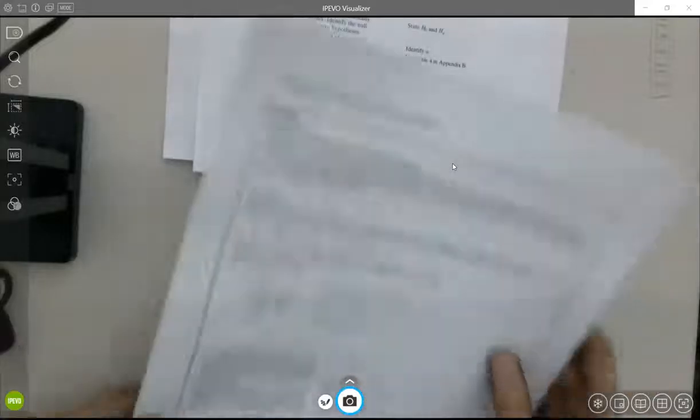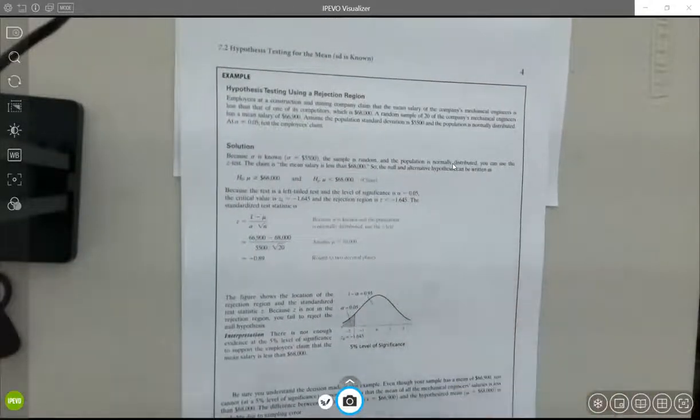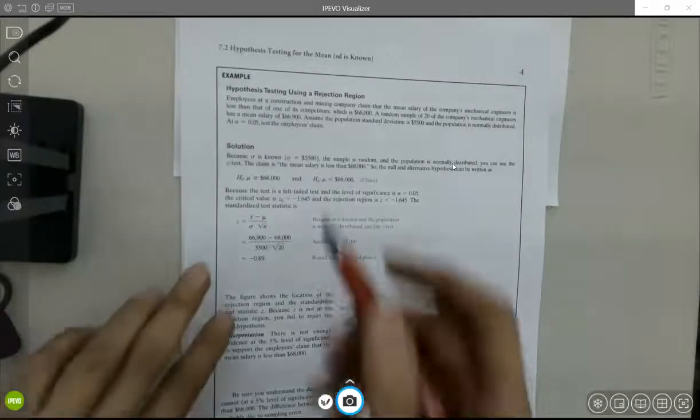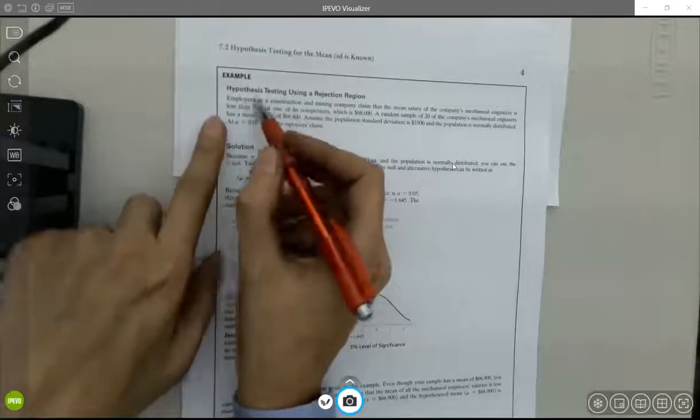Let's go over one example. You can use p-value or you can use rejection region. It doesn't matter. You can solve it using both of them. Hypothesis testing.